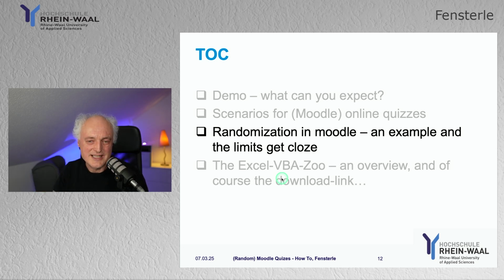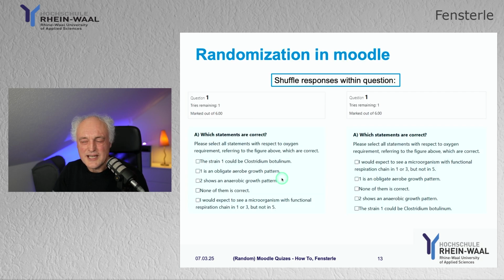I want to show you an example, and I want to show you also how you can realize things using Cloze questions. Now, I don't go to Moodle for that, because you have used Moodle and you know how to do that. In Moodle, you can shuffle responses within questions.